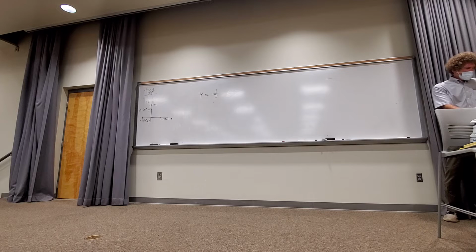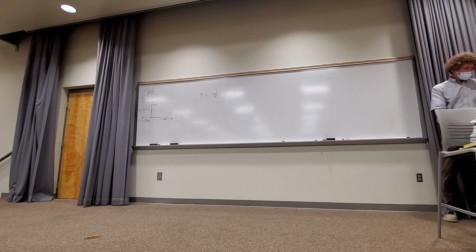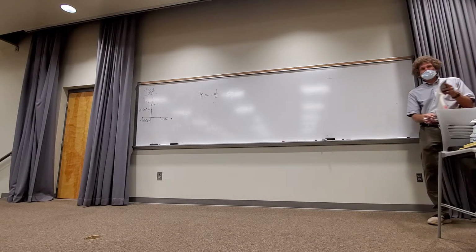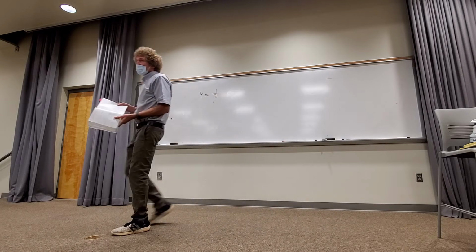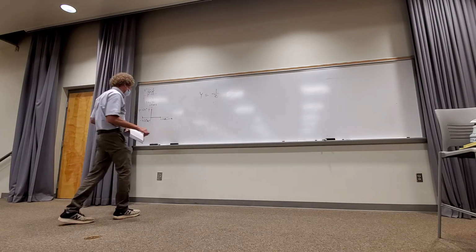So I'm going to go ahead and do problem 430, and then I'm going to do a note. But I want you to see how nothing's changed except now there's complex numbers.